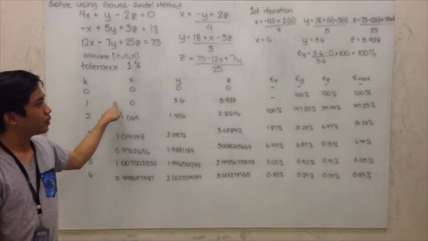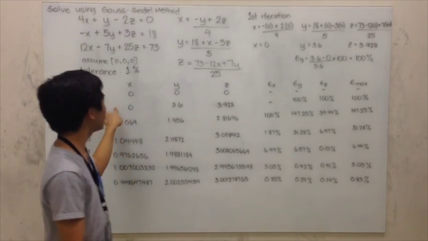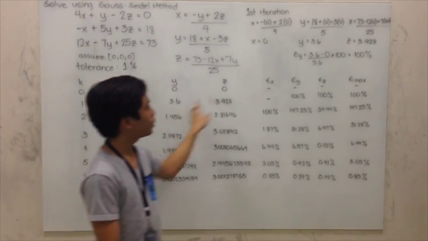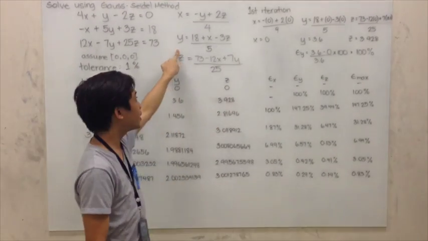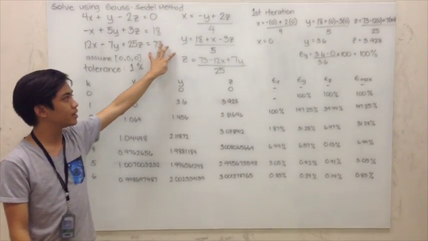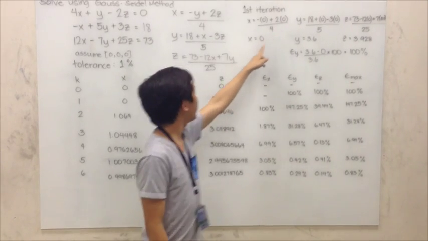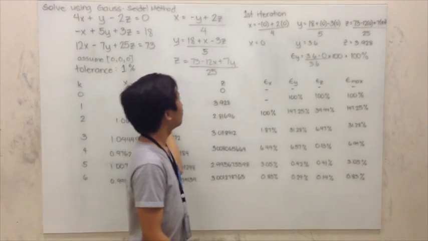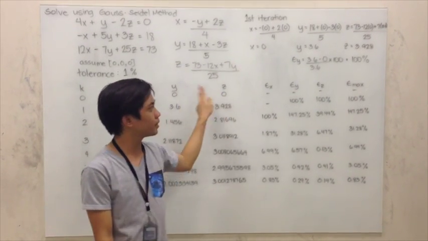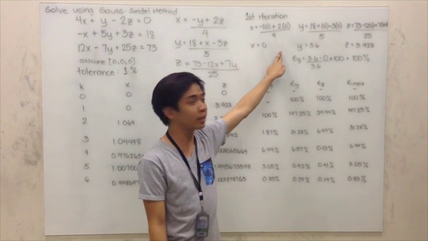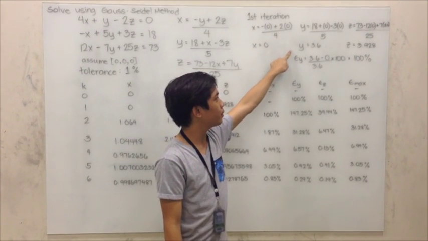So for the next one, we're going to substitute again the values into our second equation, y is equal to (18 plus x minus 3z) over 5. So we have 18 plus, our x is still 0, minus 3 times our z is still 0, over 5. So therefore we get y is equal to 3.6.